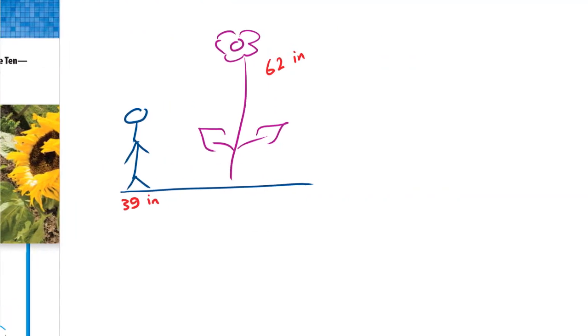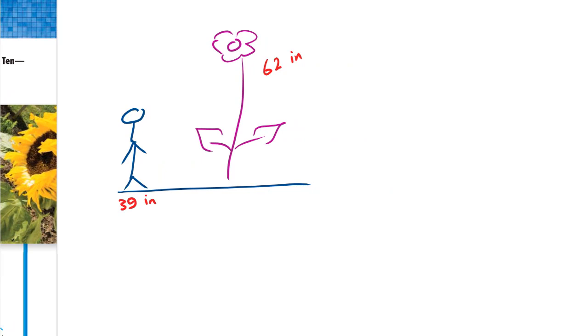Okay, so Dylan is shorter than the sunflower by this far. So this is the sunflower, this is Dylan. So it is shorter than the sunflower by this distance.